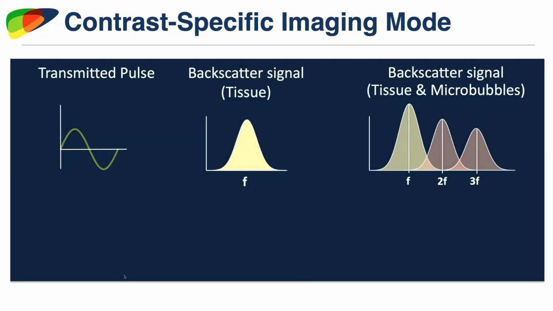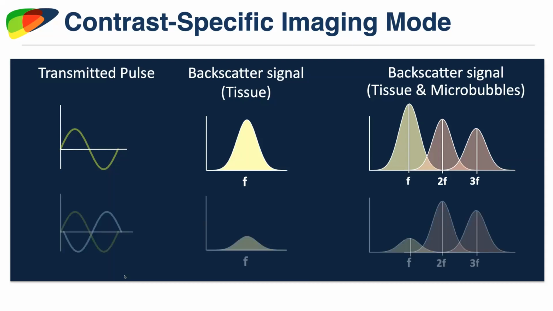So this is a diagram of how phase inversion imaging works. Send in two pulses of opposite phase, and the opposite phases, obviously, from any backscatterers that are responding linearly will negate themselves, whereas signals coming from the harmonics to the primary frequency will be relatively amplified.